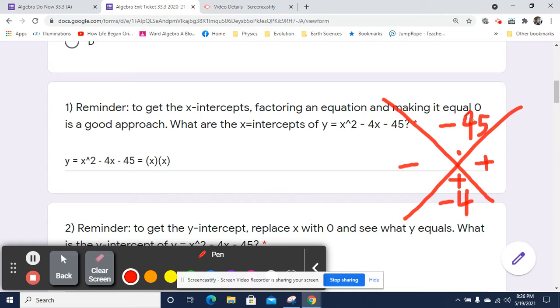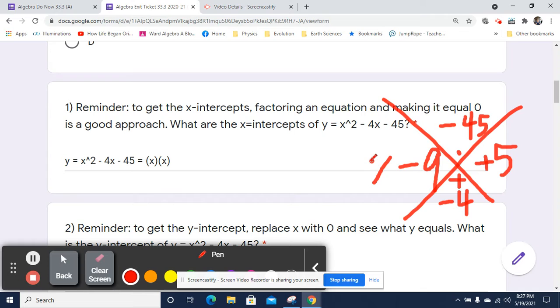So what are some factors of 45? Let's just focus on 45 and ignore the negative for right now. Well, there's 1 times 45, 3 times 15, and 5 times 9. Well, 5 and 9 are 4 apart from each other. So if we said positive 5 and negative 9, those would add up to negative 4.